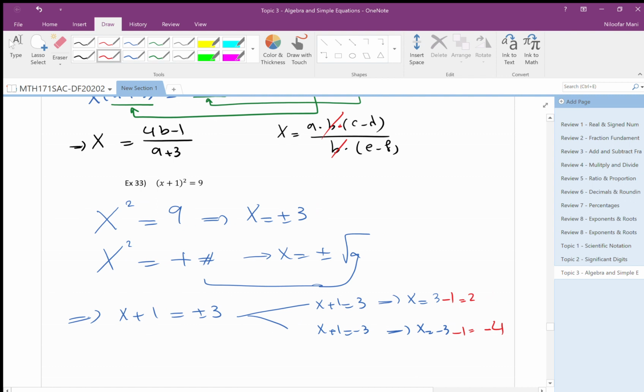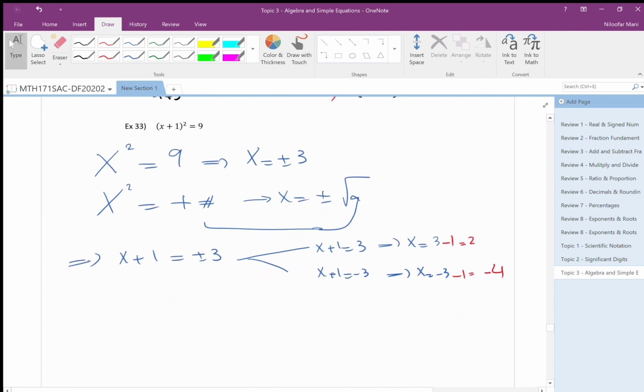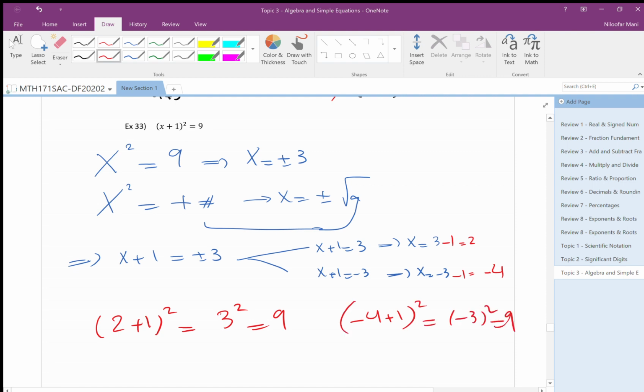Okay, let's check your answer. 2 plus 1 squared is 3 squared, which is 9. Minus 4 plus 1 squared is minus 3 squared, which is 9. Perfect, both of them are answers. Yes, I checked.